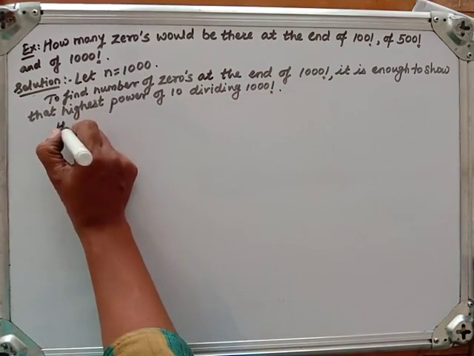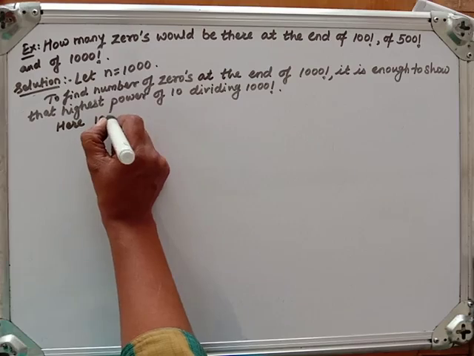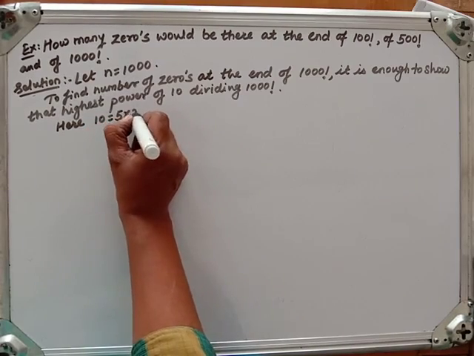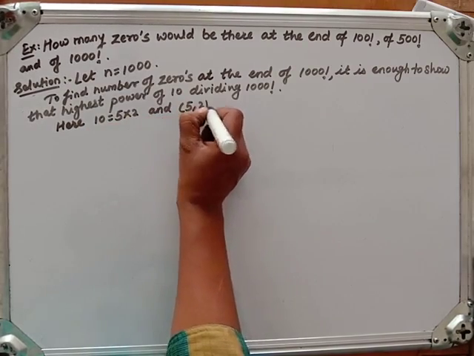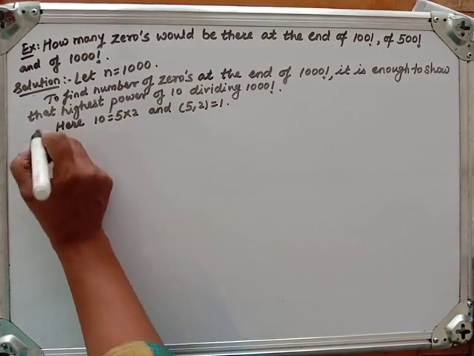So here 10 is equal to 5 into 2, and 5 and 2 are relatively prime.